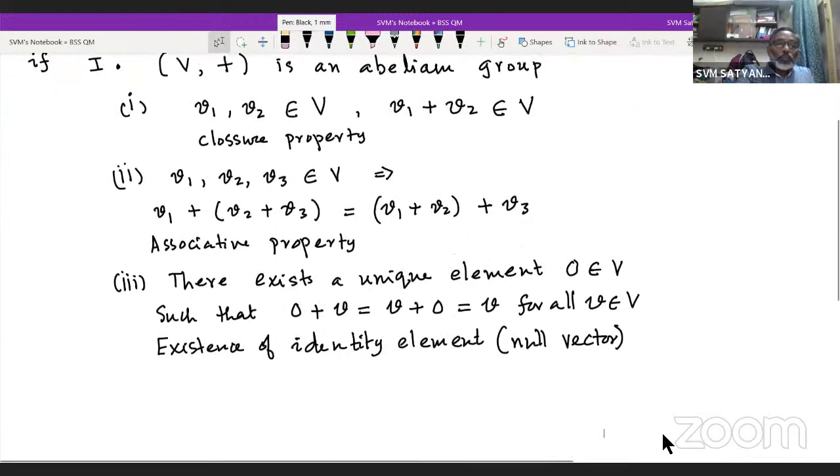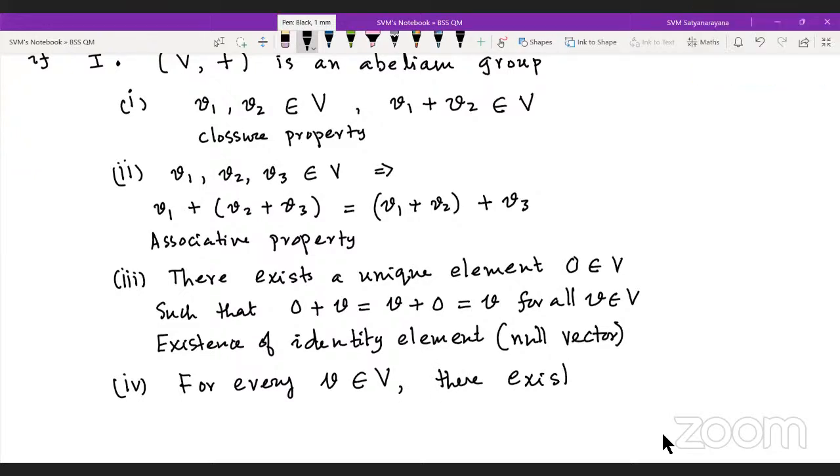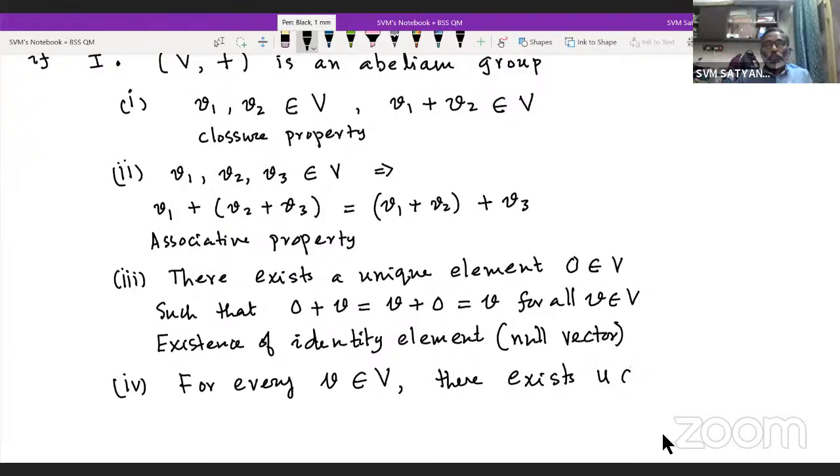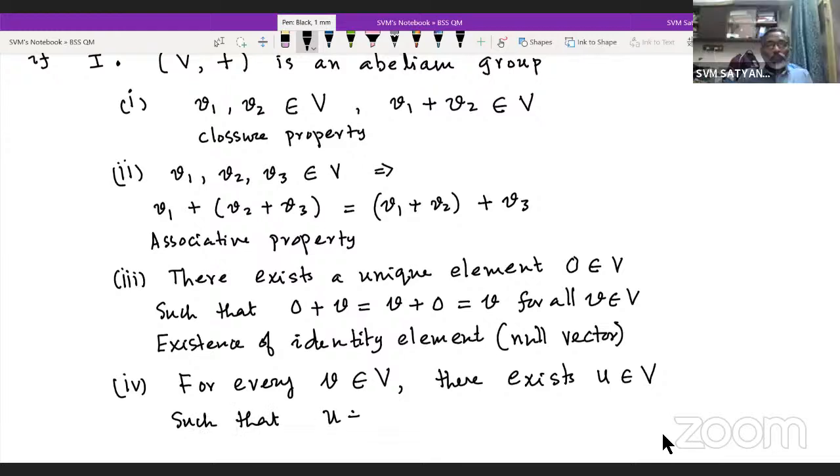Fourth, for every v in this set of vectors, there exists a u in V such that u plus v is equal to v plus u is equal to 0.